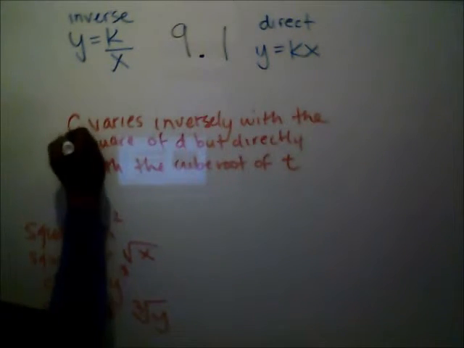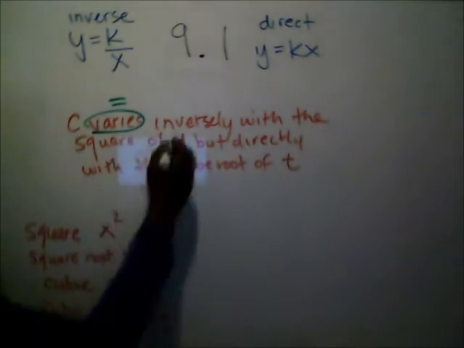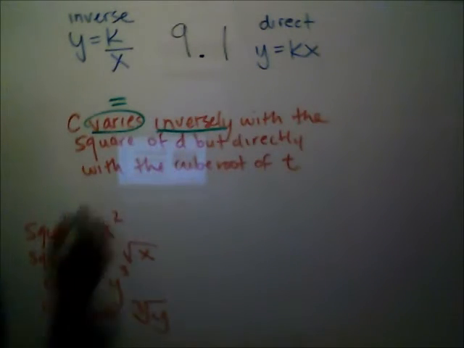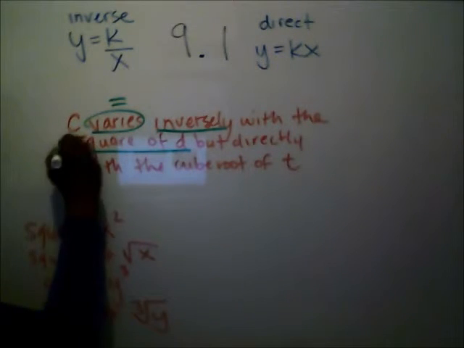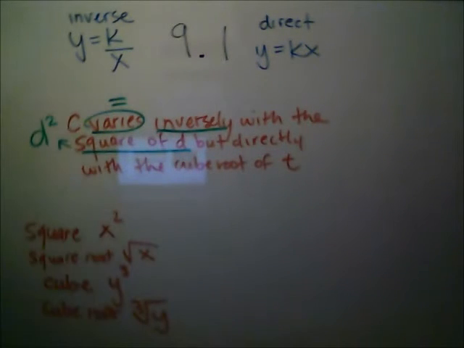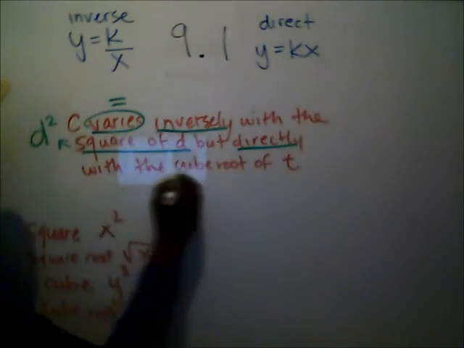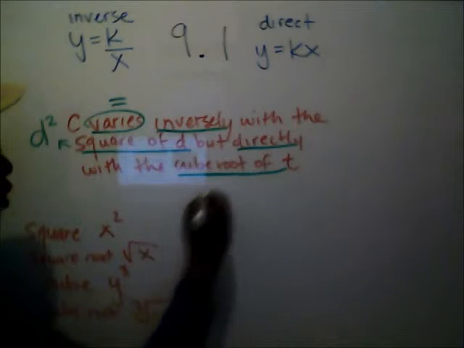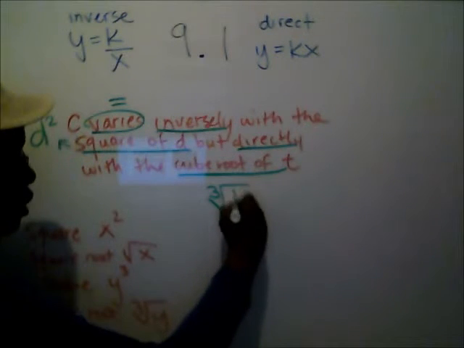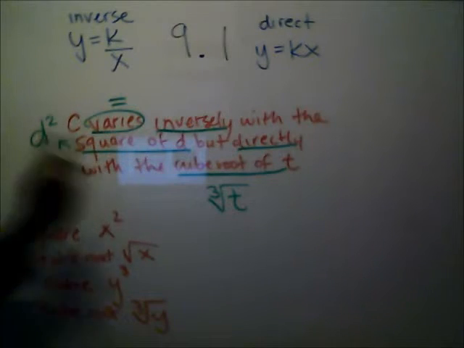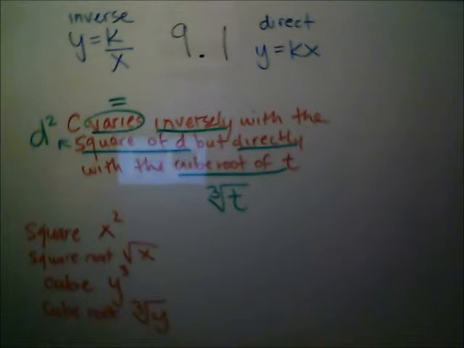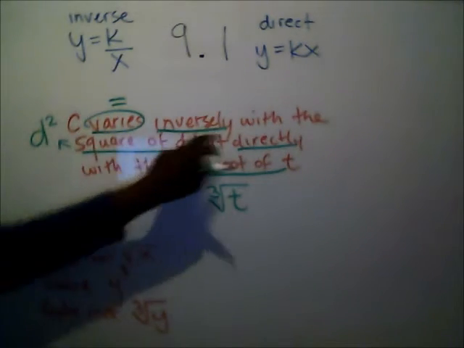So we have C varies, we know that means equals, varies inversely with the square of D. Okay, well the square of D, that means it's D squared. And it varies directly with the cube root of T. So the cube root of T would just be the cube root like this with a radical. Okay, so we kind of have our variables. We have c, d squared, and the cube root of t. So if we tackle this, c varies inversely with the square of d.